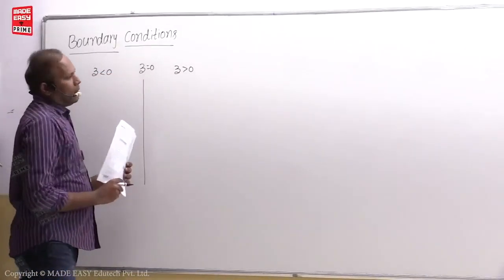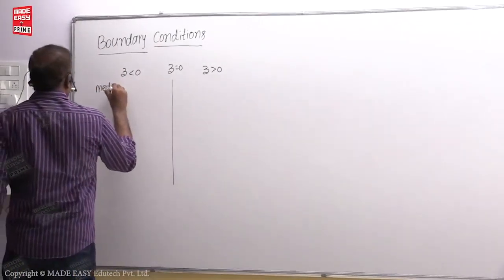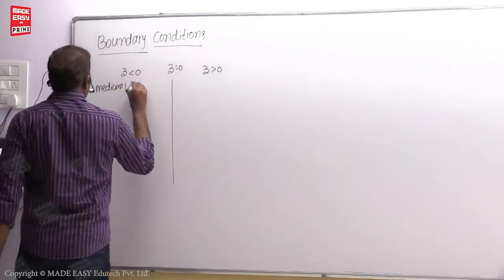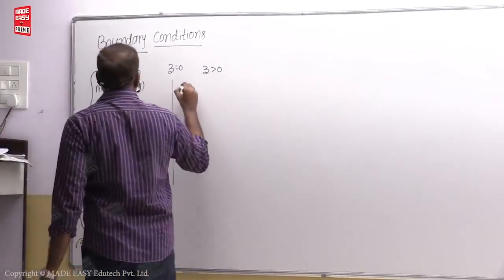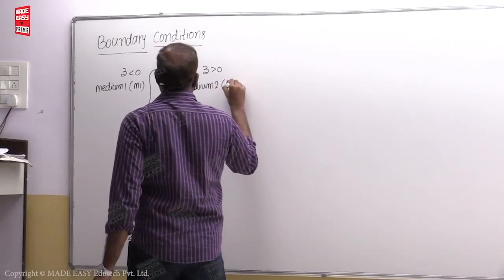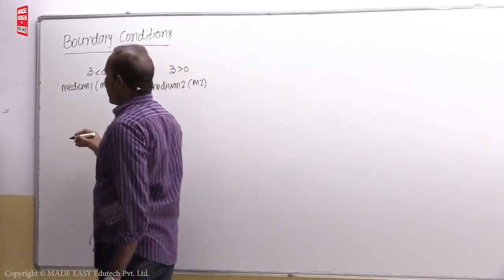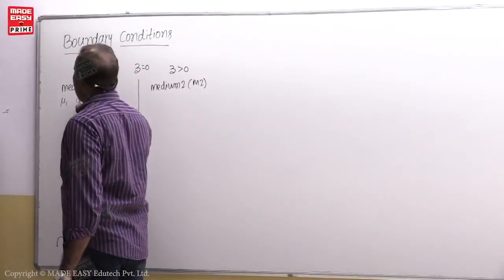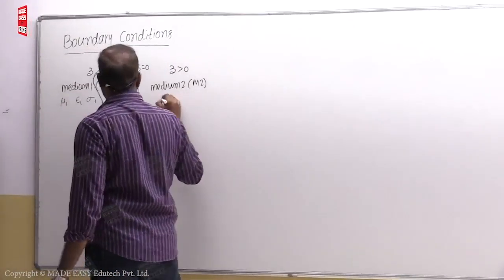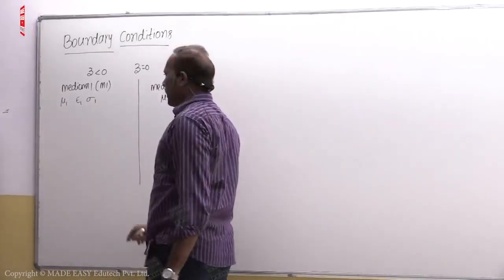Now here this is medium 1, simply called m1. This is medium 2, simply called m2. Medium 1 has parameters like mu1, epsilon 1, sigma 1. Medium 2 has parameters like mu 2, epsilon 2, sigma 2.